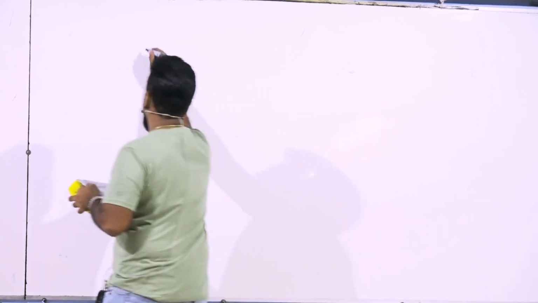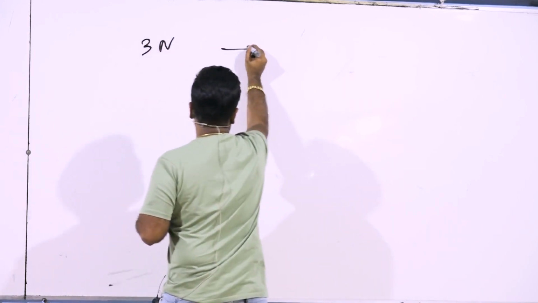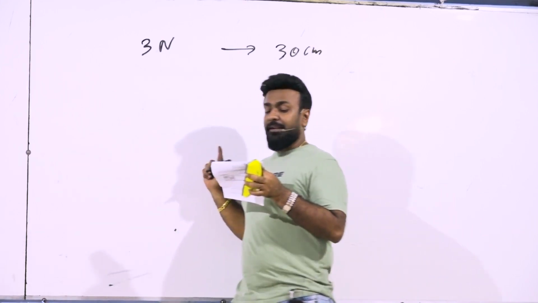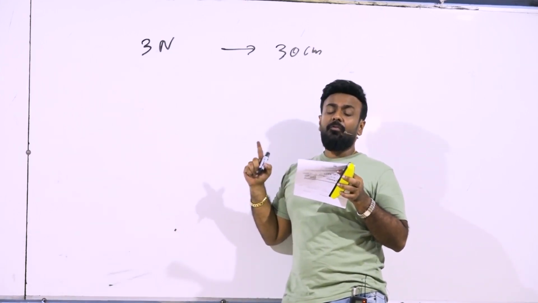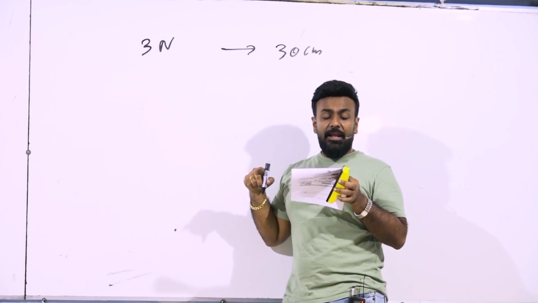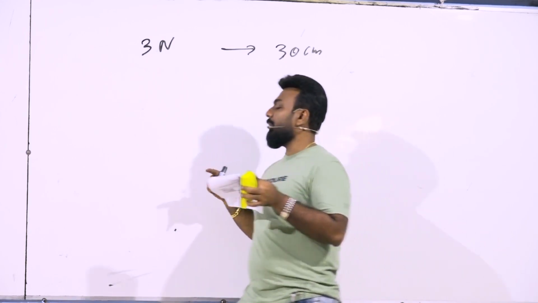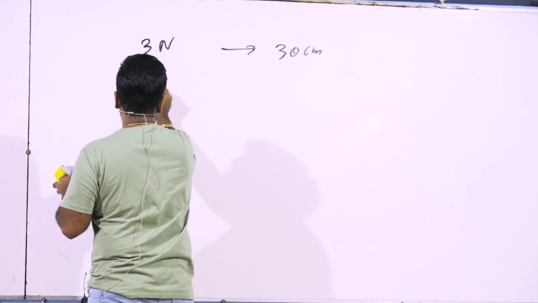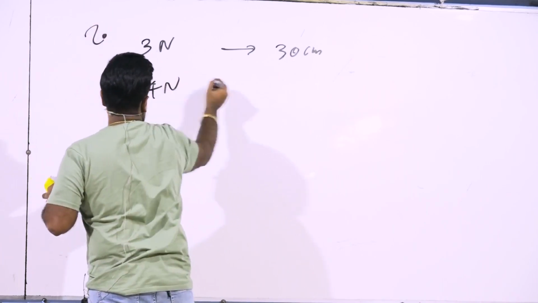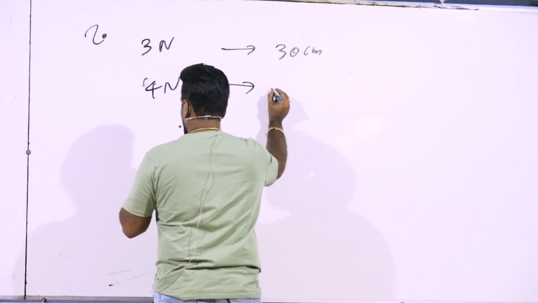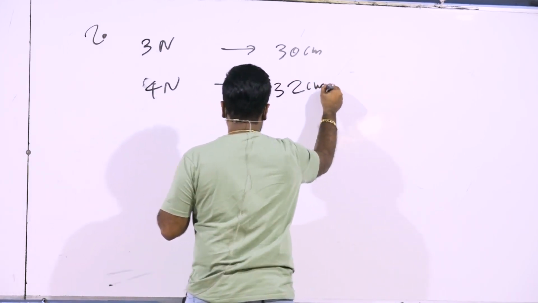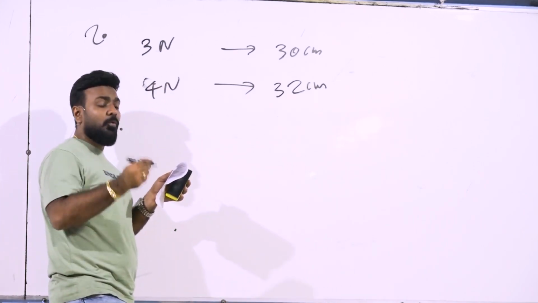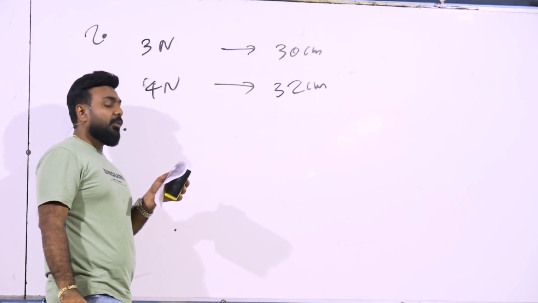When the tension is 4 Newton, the length becomes 32 centimeter. Now my question is, when the tension increases to 7 Newton, the length of the string will be?